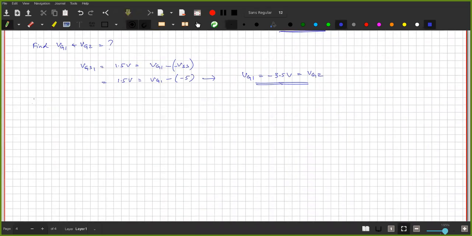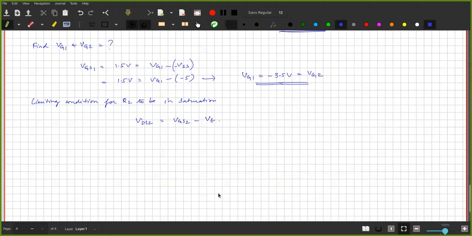Limiting condition for Q2 to be in saturation. That is VDS2 is equal to VGS2 minus VT.